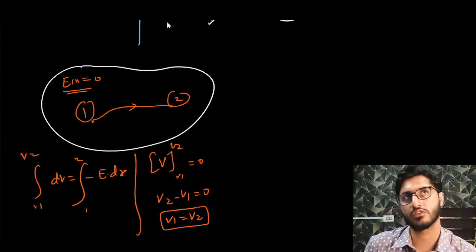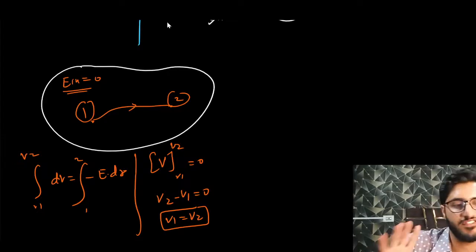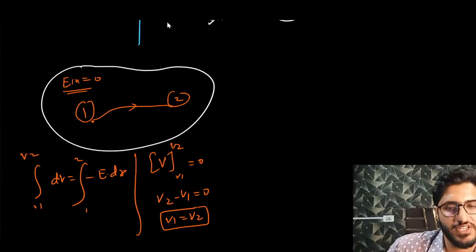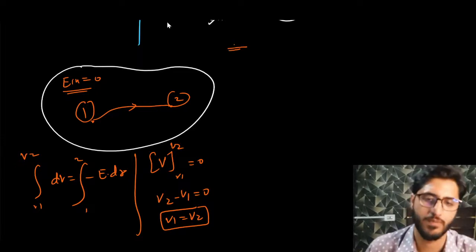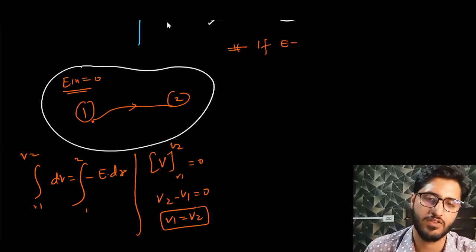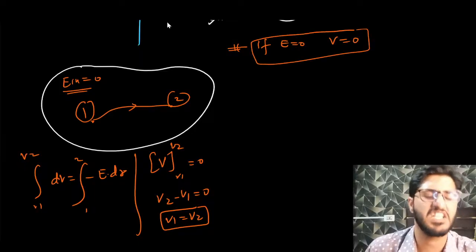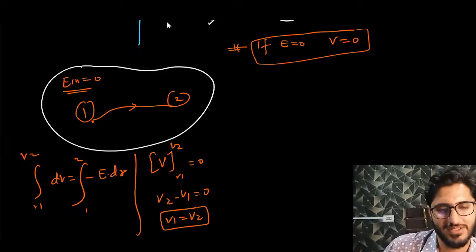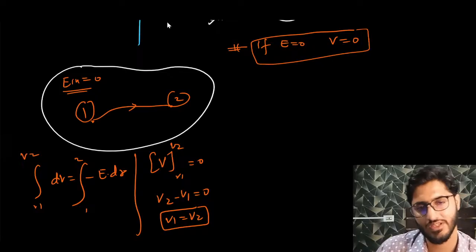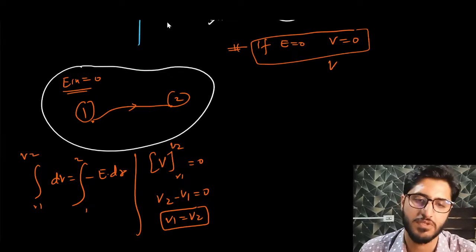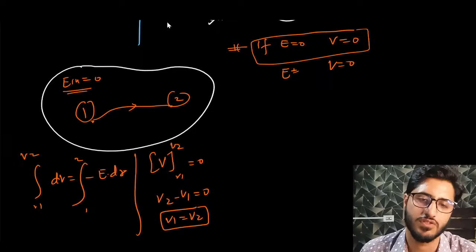So you will get a question. If my electric field is 0, is it compulsory that my potential needs to be 0? It is not compulsory. Sometimes V is 0 but E is not equal to 0, as in the dipole case.